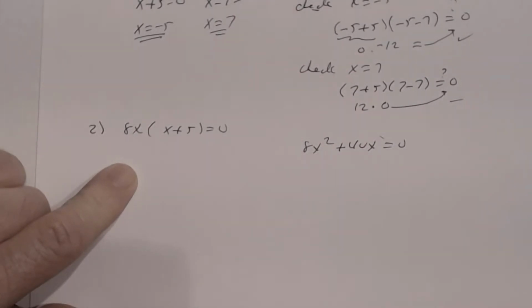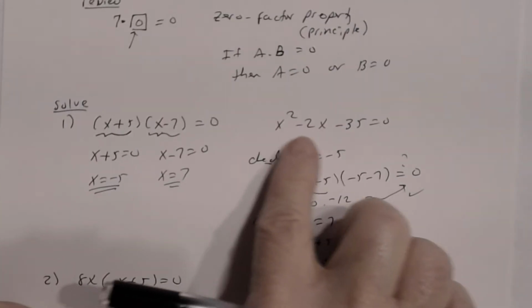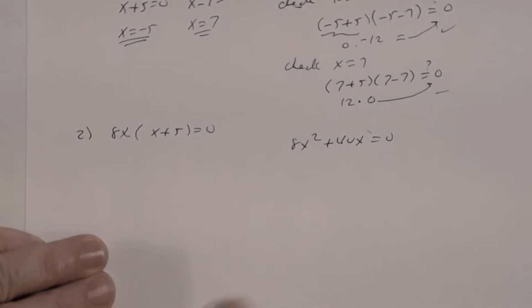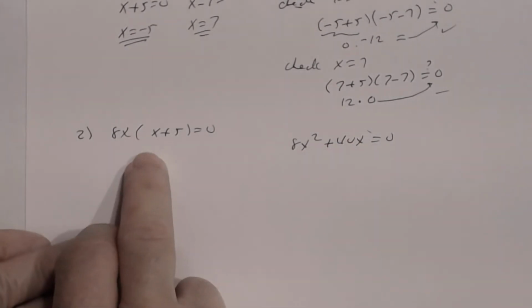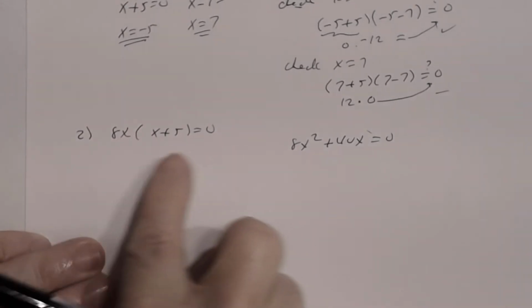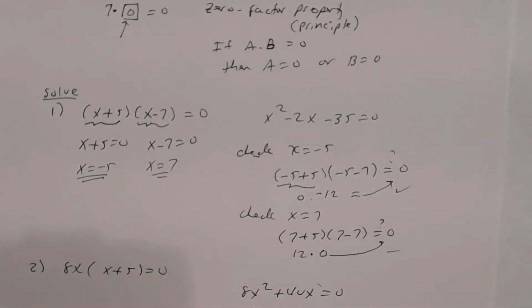See, that's quadratic. Now, it has 2 terms, whereas this one had 3 terms, but it's still quadratic. But I want you to notice that it's already factored for you. So once this quadratic equation is factored, then you can use the zero factor property.